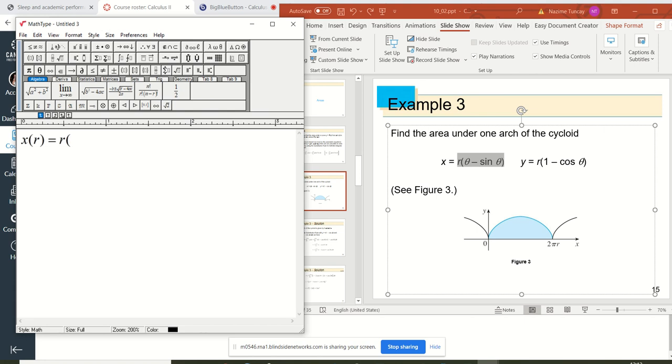Here, this is theta. Theta is here, theta minus sine theta.